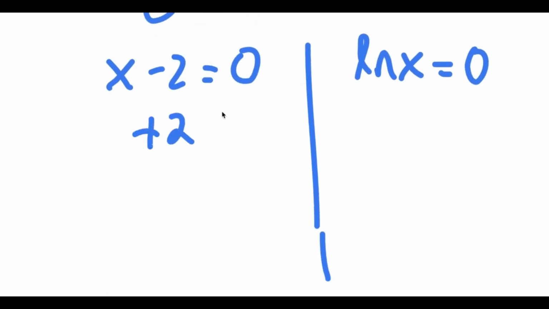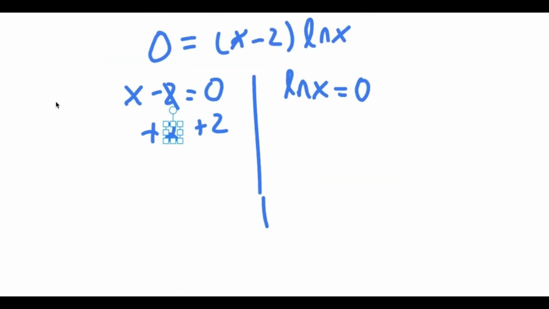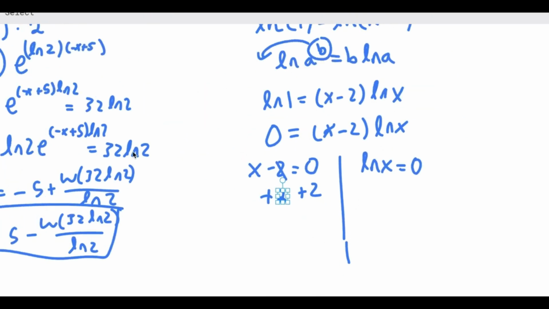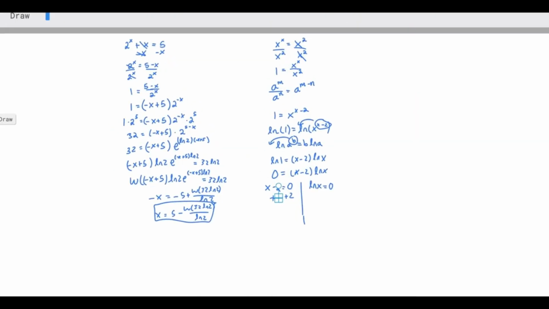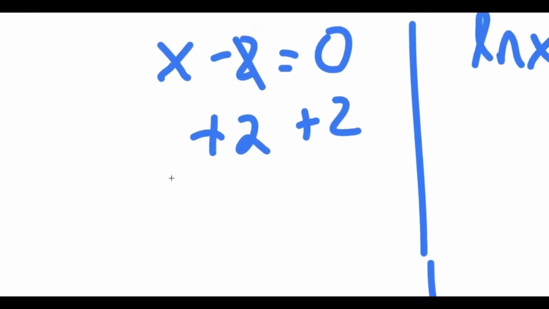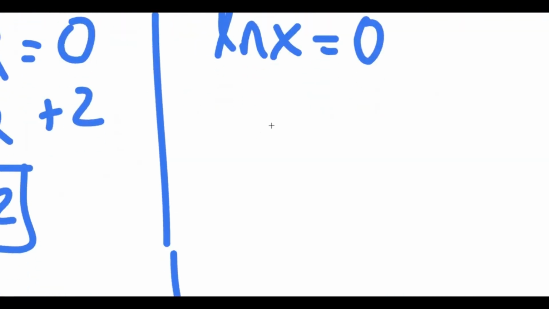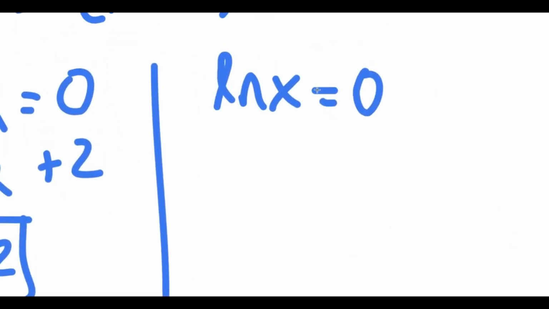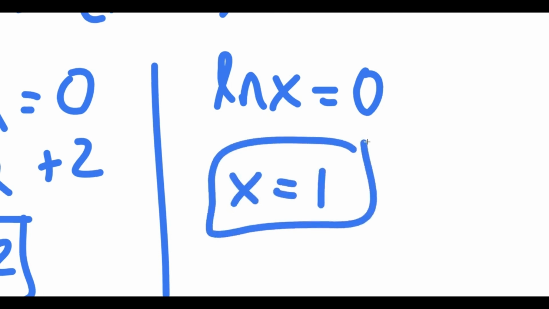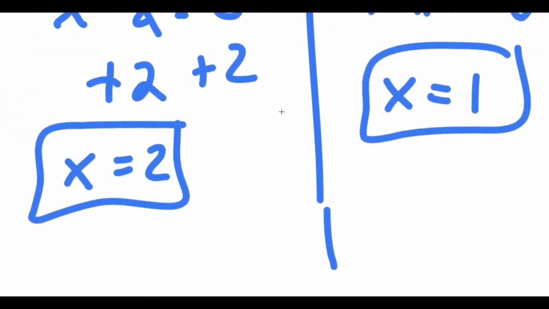All we have to do is add 2 on both sides, and we get that x is equal to 2, and for ln x equals 0, well, ln of 1 is equal to 0, so x is equal to 1. So my two solutions are x equals 2 and x equals 1.